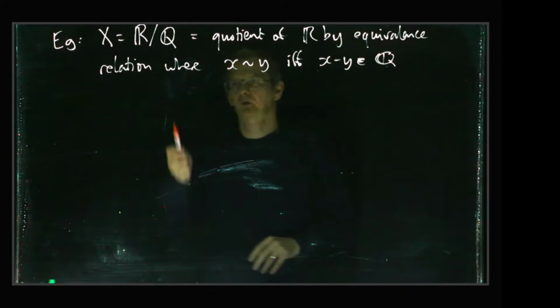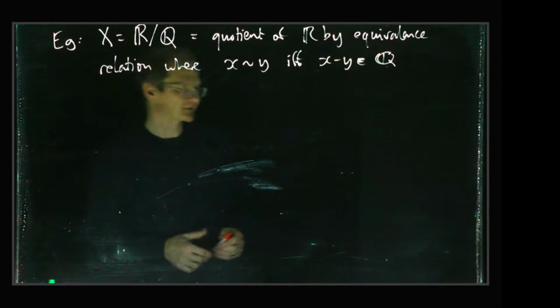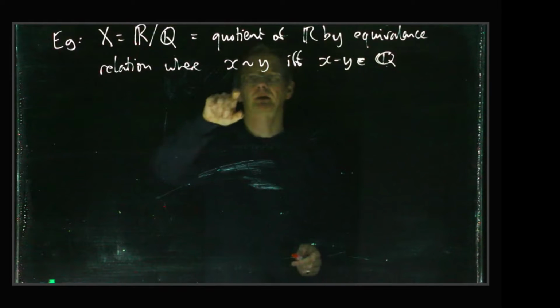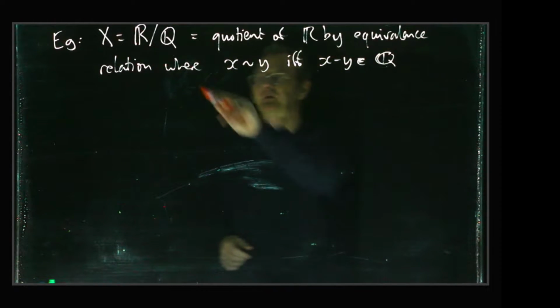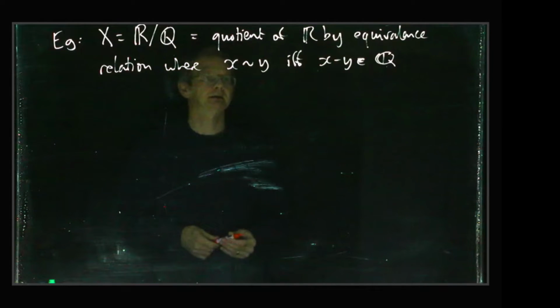Like I say, this is the quotient group R mod Q. In other words, that's the quotient set by this equivalence relation, where we declare that X and Y are equivalent if and only if the difference between them lies in the subgroup Q.